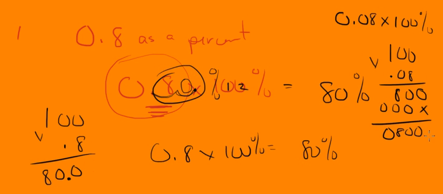I have two places, 1, 2, so it becomes 8.0 or 8%. It is 8%. 8.0 is 8%. Okay. Are we okay?